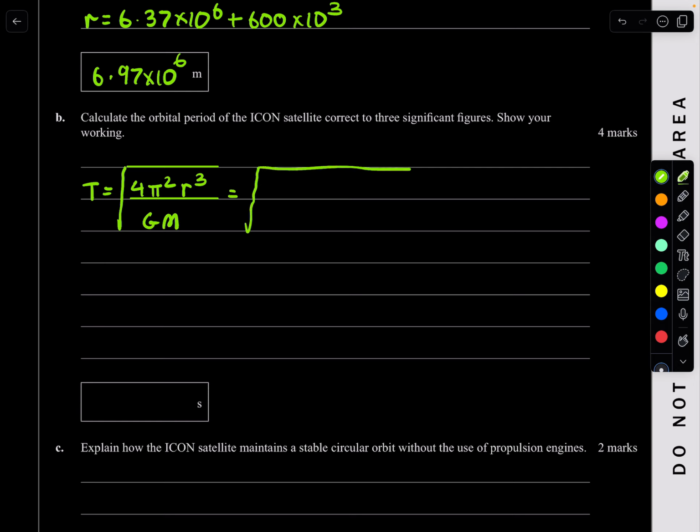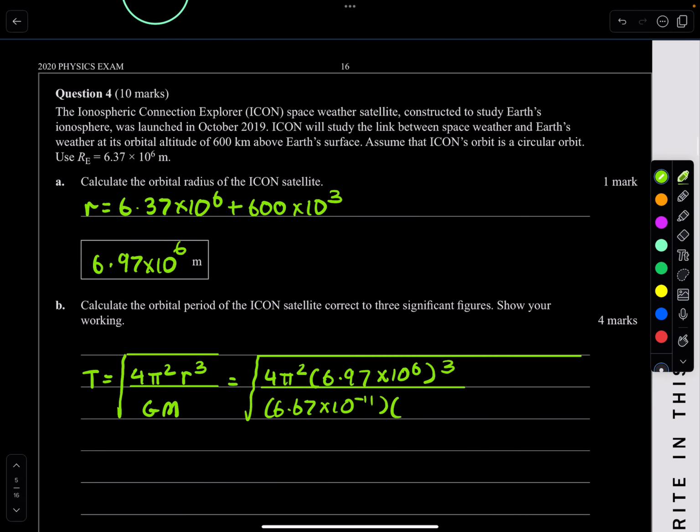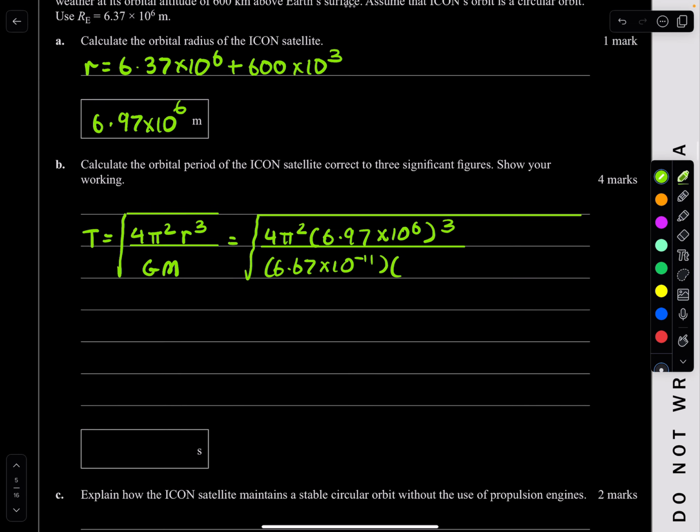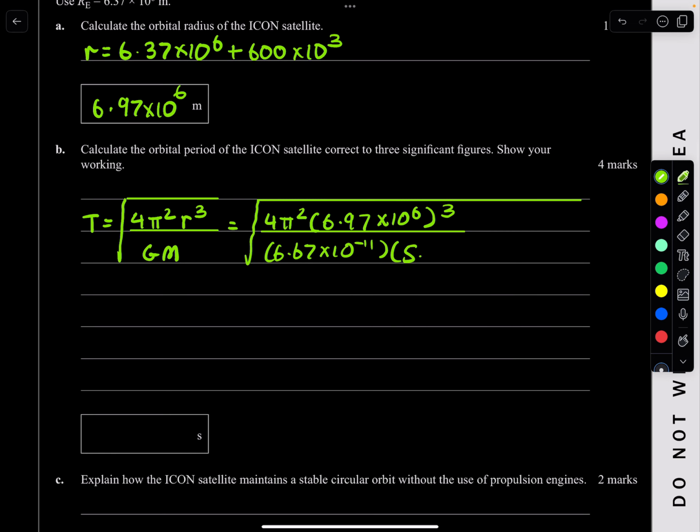So let's put that all into our formula. 4 pi squared, so r would be 6.97 times 10 to the power 6, cubed, all divided by 6.67 times 10 to the negative 11 times the mass of the Earth, which is not really given here, but it's in the VCE formula sheet, and if I'm not mistaken, it was 5.98 times 10 to the power of 24. And that is it.